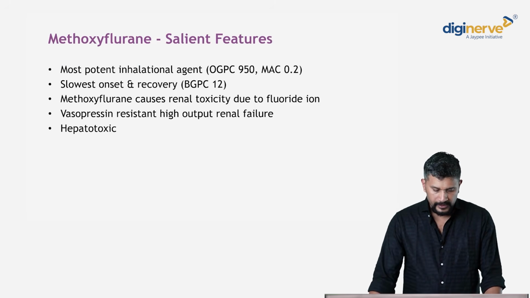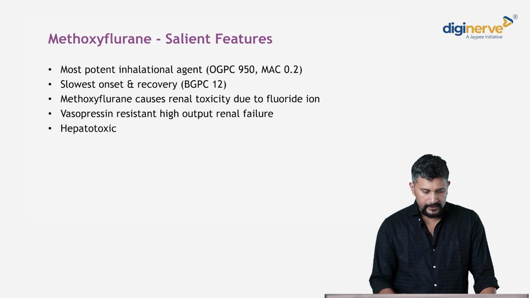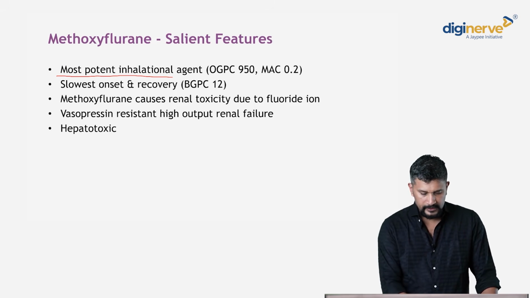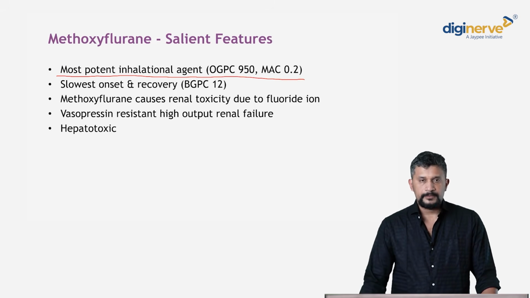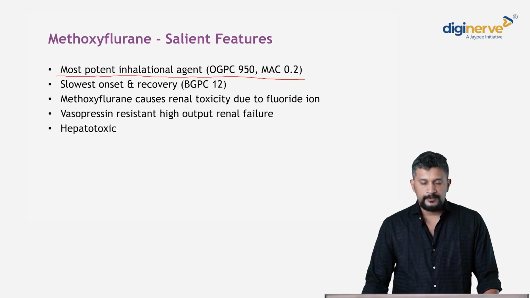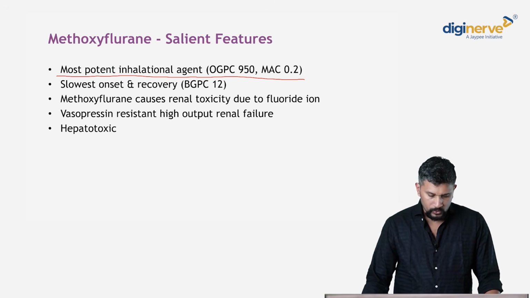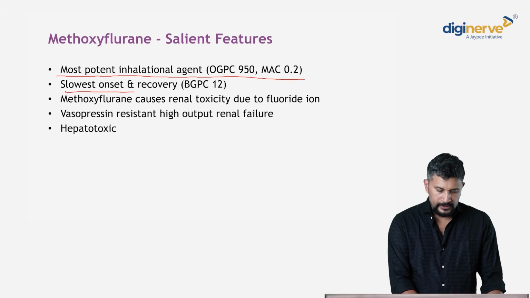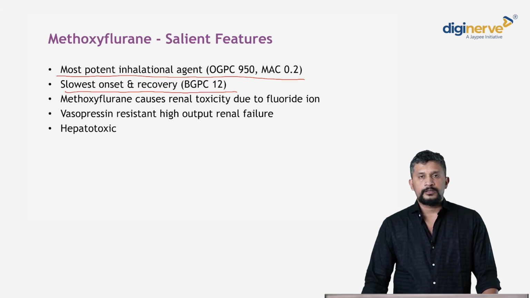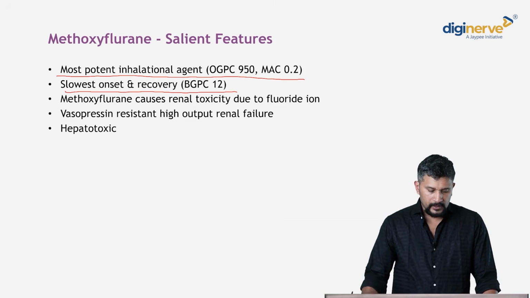So we've already seen that methoxyflurane is the most potent inhalational agent with an oil gas partition coefficient of 950, and therefore your MAC value is only 0.2. It has, however, the slowest onset and recovery because the blood gas partition coefficient is quite high at 12.